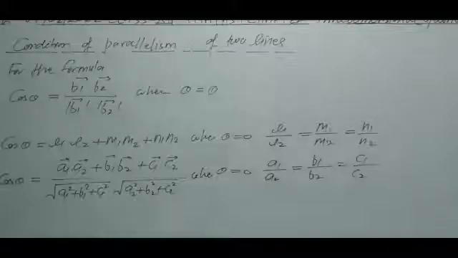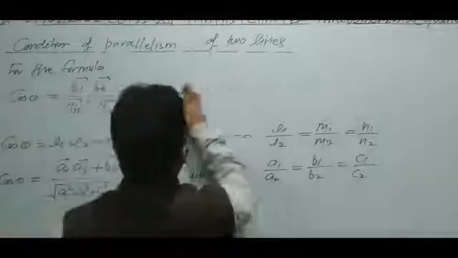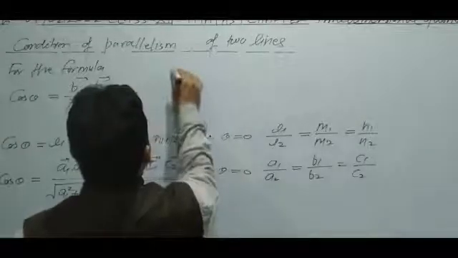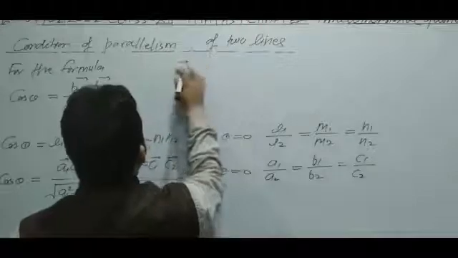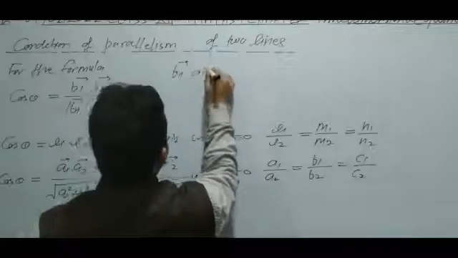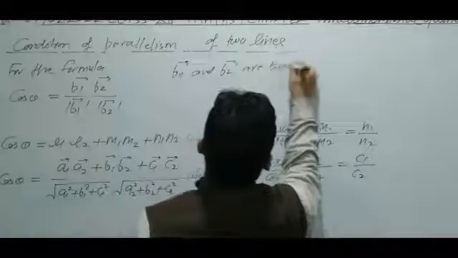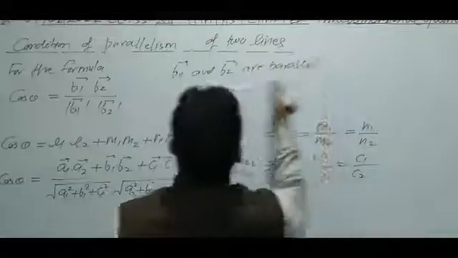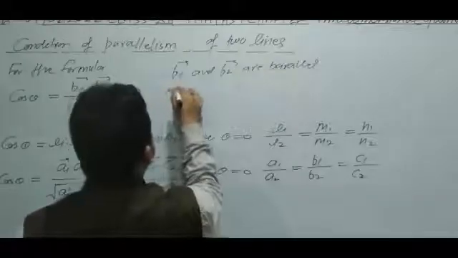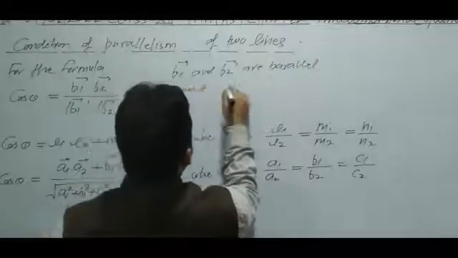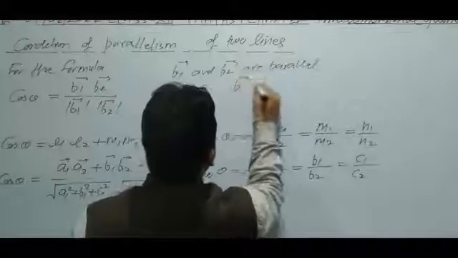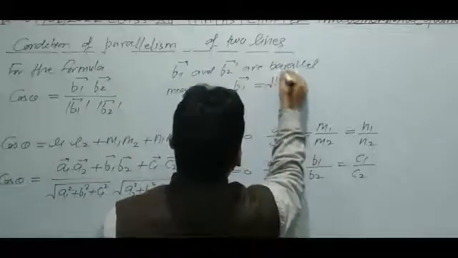Now see, vector b1 and vector b2 are parallel, means vector b1 is equal to lambda times vector b2.